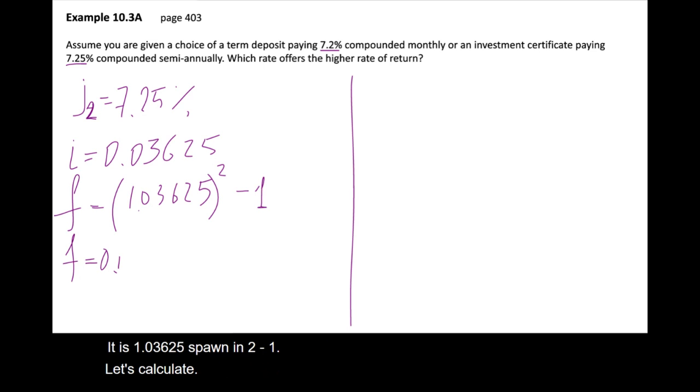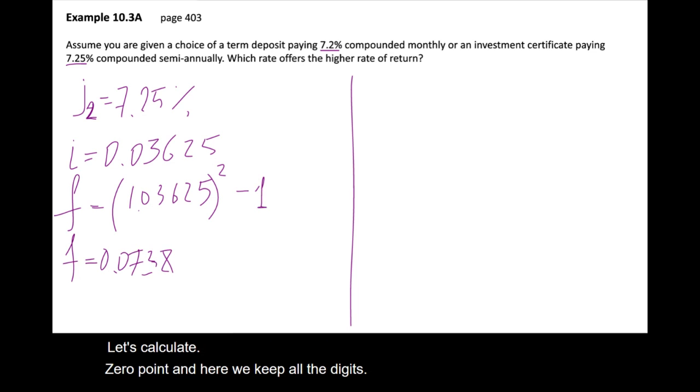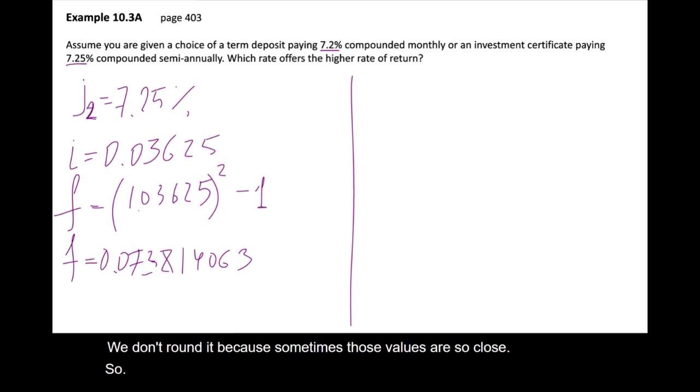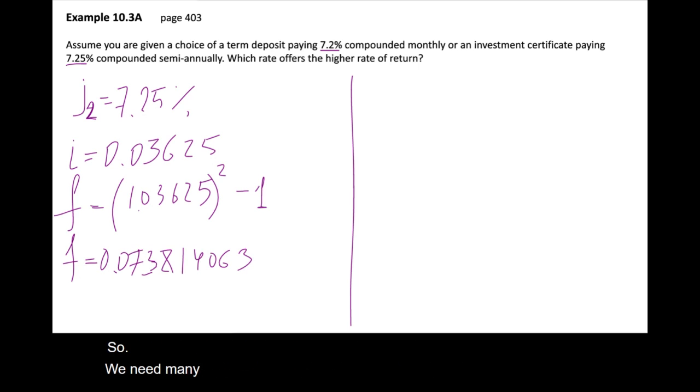And here we keep all the digits. We don't round it because sometimes those values are so close that we need many digits to see a difference.